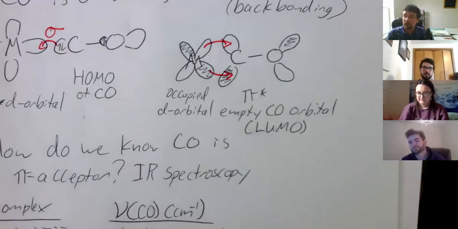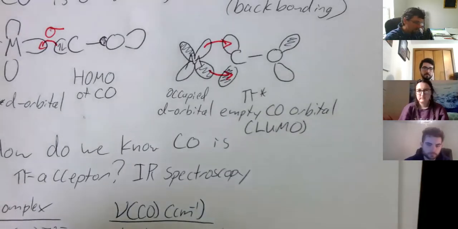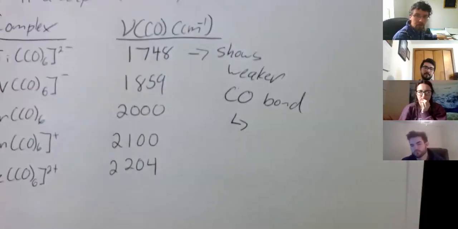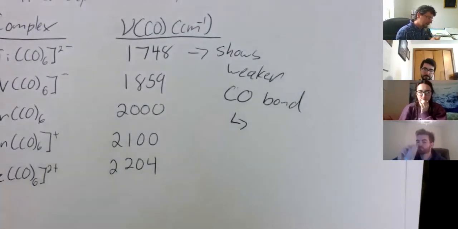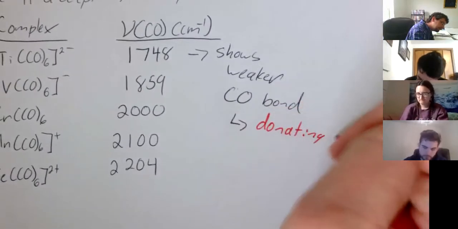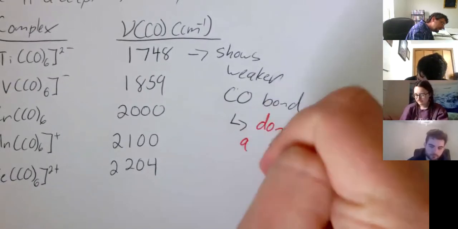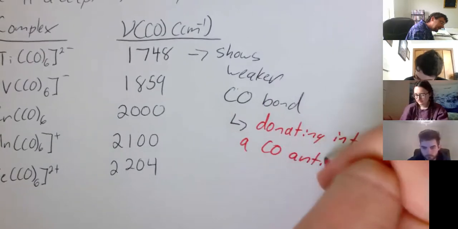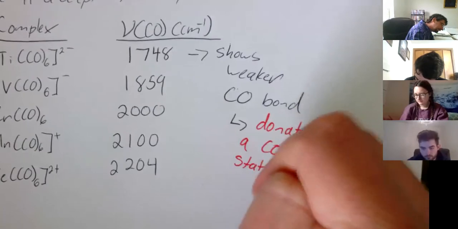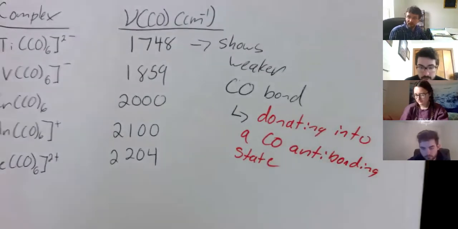That interaction is going to get weaker, and because of that, that vibrational frequency is going to become less. So it shows a weaker CO bond. It makes sense because we're donating into a CO antibonding state, so that weakens that bond.